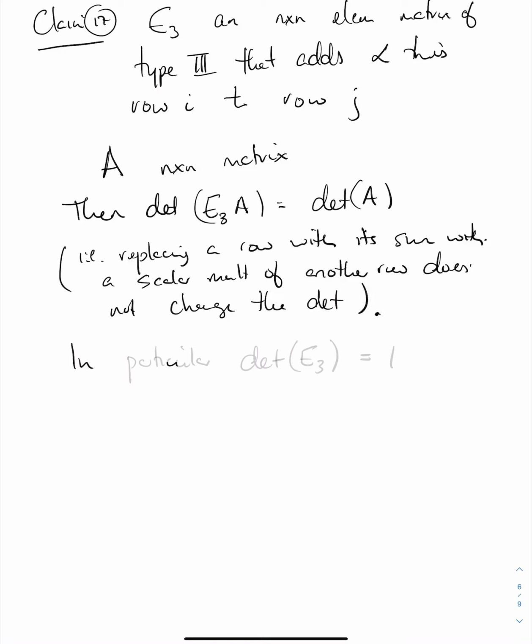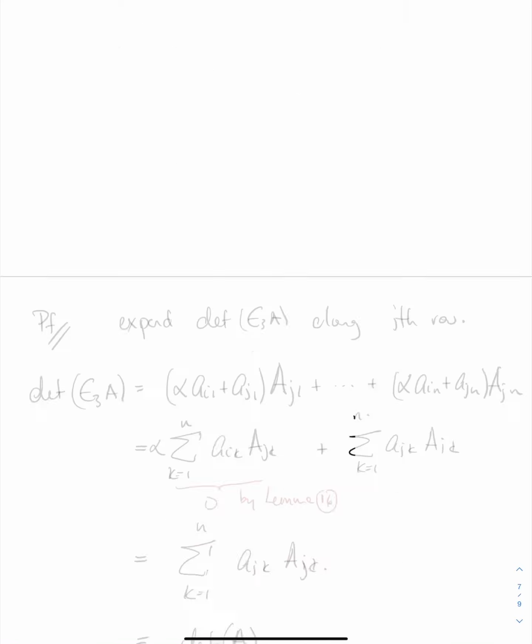In particular, as a consequence, the determinant of any such type 3 matrix is 1. Let's prove this.